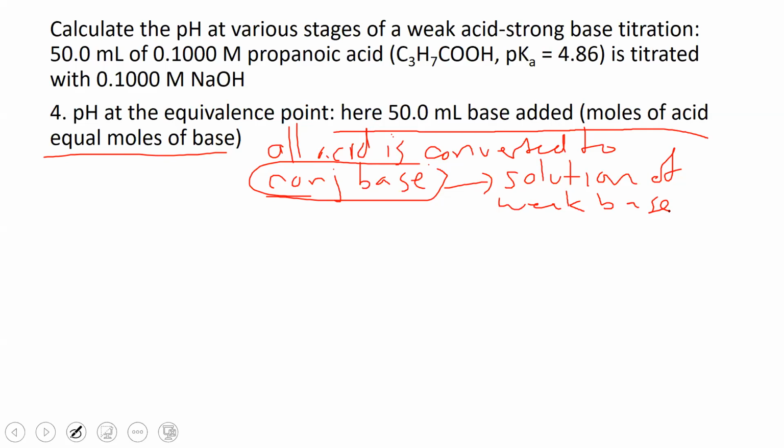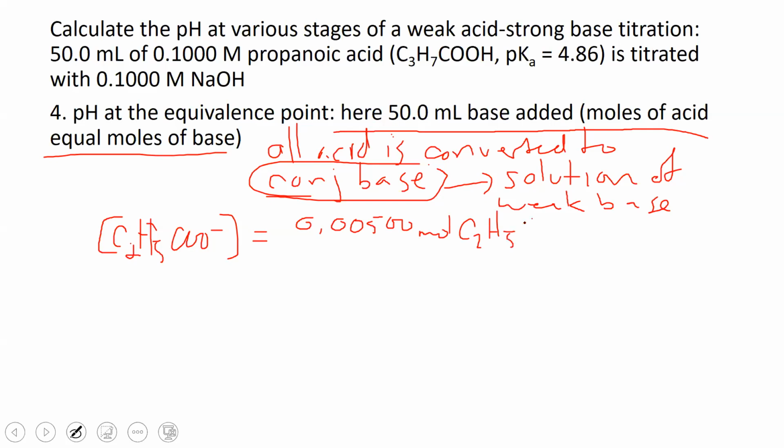What we have to do here to begin with is figure out the concentration of the C2H5COO minus, the propanoate that remains. That concentration will be the initial number of moles of the propanoic acid, because all of those moles are converted to the conjugate base, so 0.00500 moles of C2H5COO minus over our new volume.